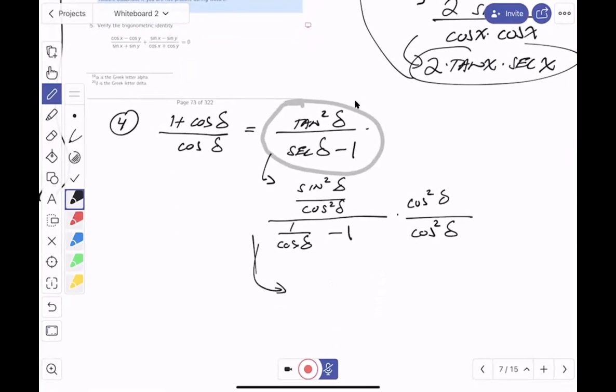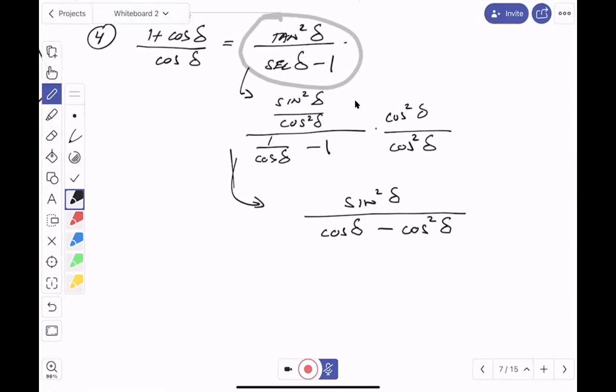The bottom looks pretty easy to do. It's going to be cosine delta minus cosine squared delta. Don't be discouraged. It's going to work out. Top is sine squared delta. Now, by the way, I'm not there yet, but I'm going to keep rewriting it until I get there.